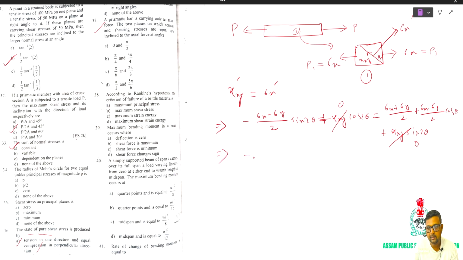So if sigma x is P1 and sigma y is 0, tau xy equal to 0. So sine twice theta is equal to cos twice theta. Okay.